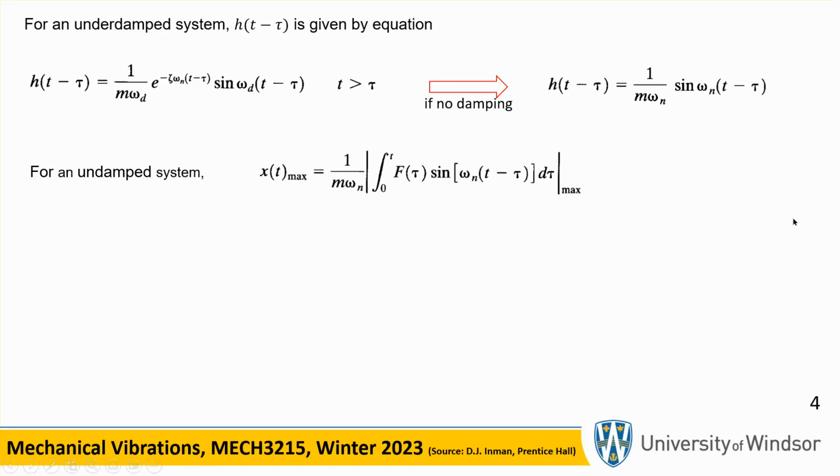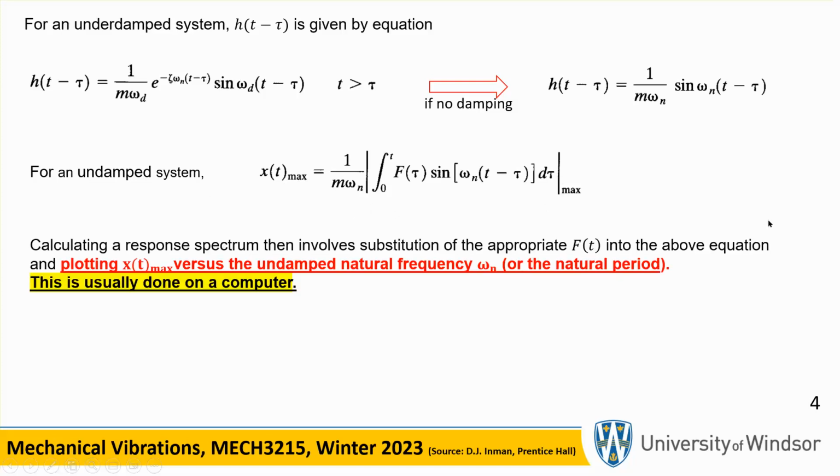Okay, so what do we want? We want the maximum x. So here is the expression for x, right there. You do the convolution, and you get this thing with the 1 over m omega n. That thing is x of t, and we want the maximum of that.